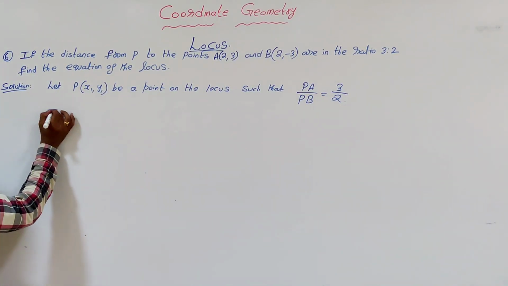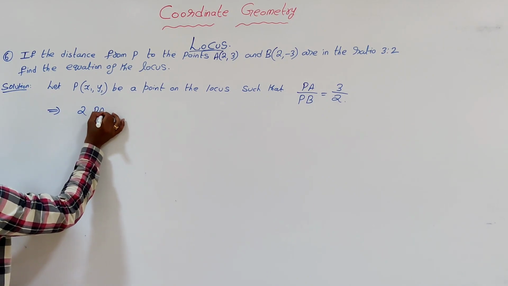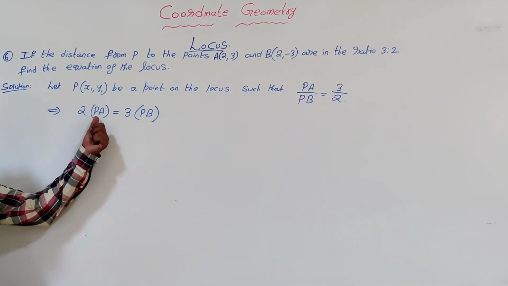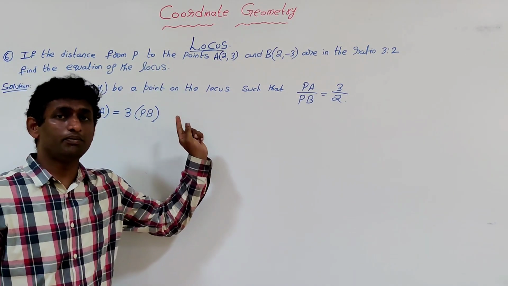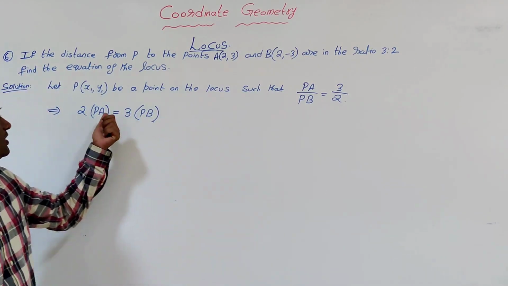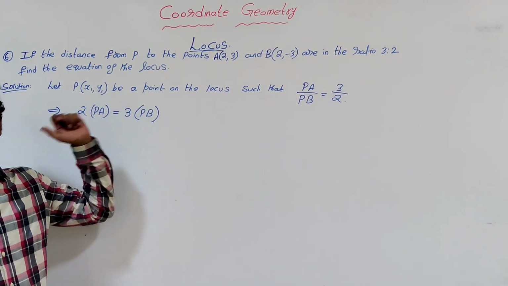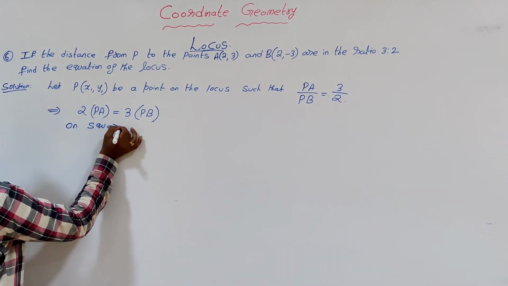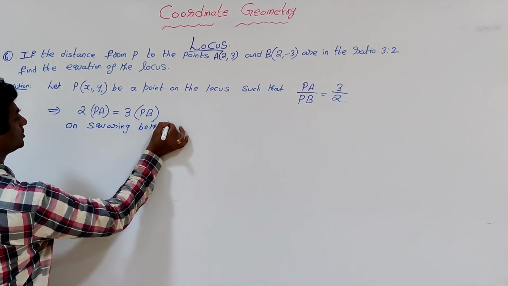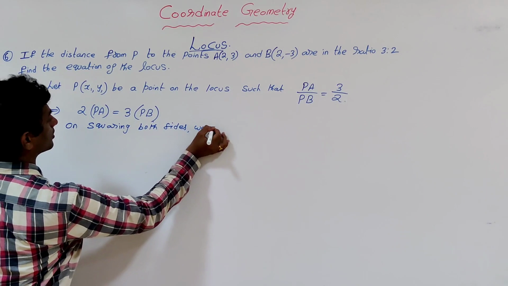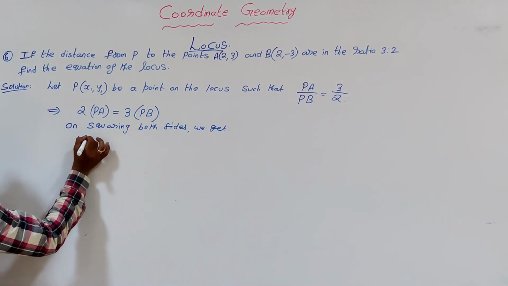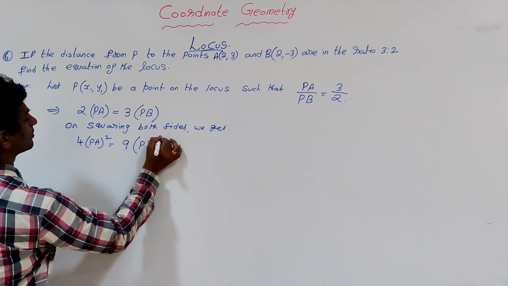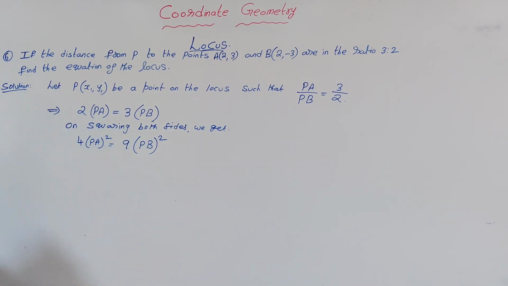Now take the cross product. 2 times PA is equal to 3 times PB. So PA means the distance from P to A and PB is the distance from P to B. So we get a square root. In order to remove the square root, we go for squaring on both sides. On squaring both sides, we get 4 times PA whole square is equal to 9 times PB whole square. 2 square is 4 and 3 square is 9.